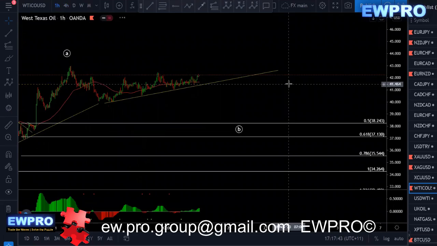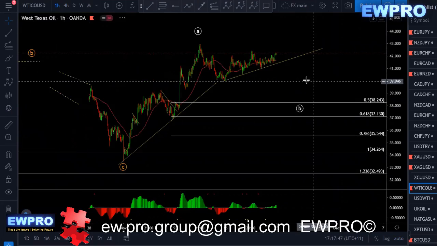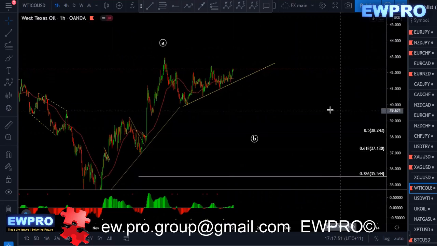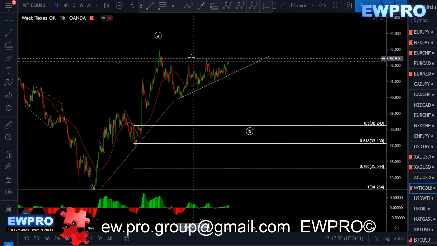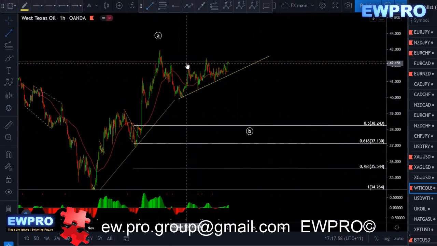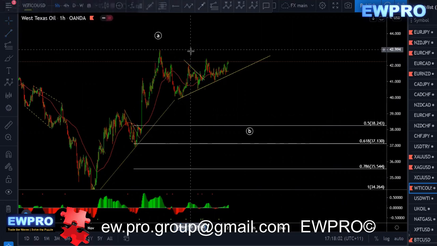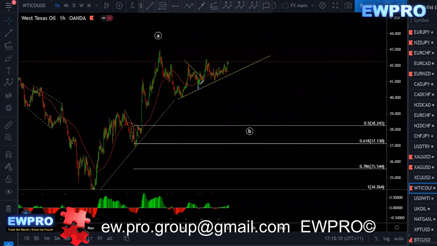We go down to the H1. So there was a little break in here, and as you can see, it broke out and came straight back down.